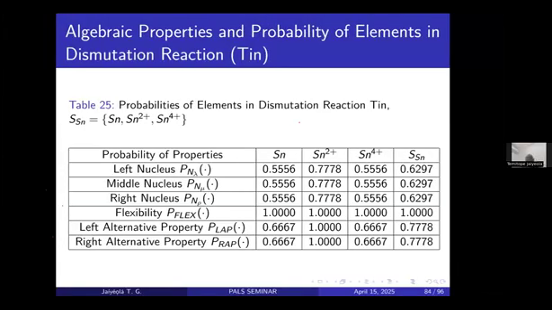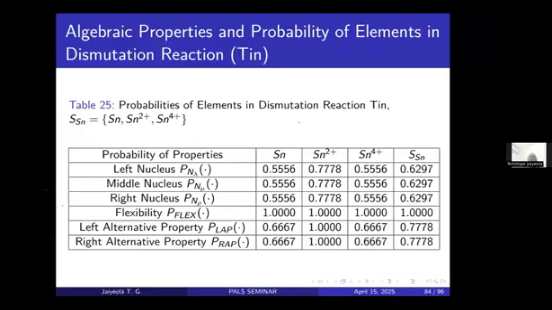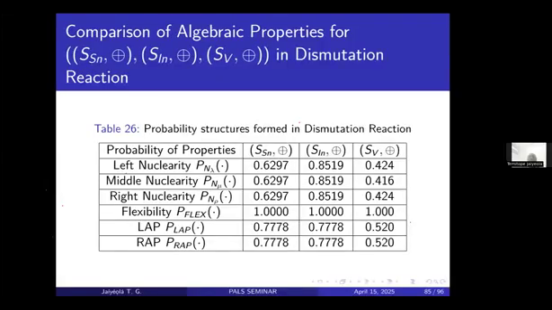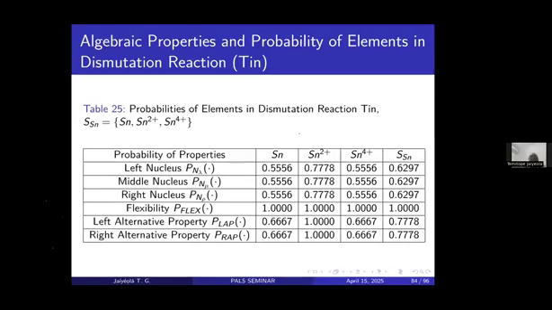So 14, this is the output, okay? The probability for 14 is as shown here. And as you can see, just like we had it for flexibility, it was 1, all true.